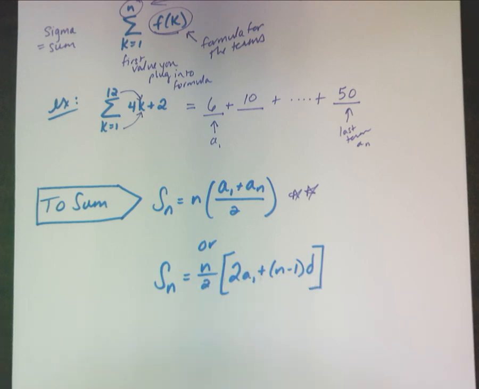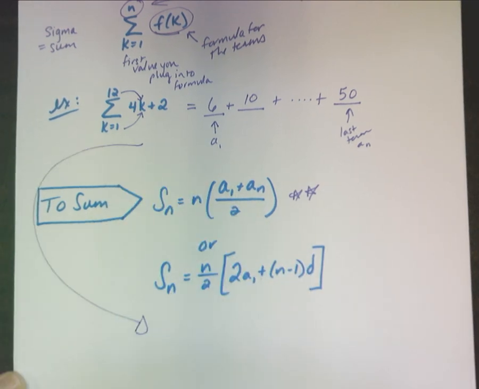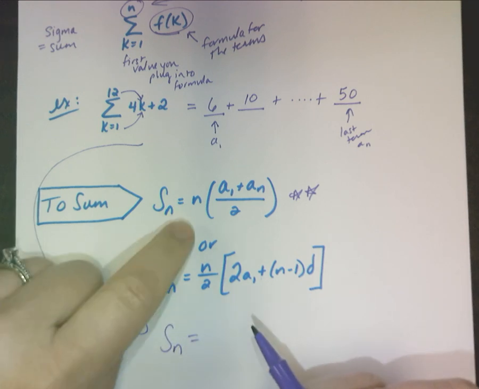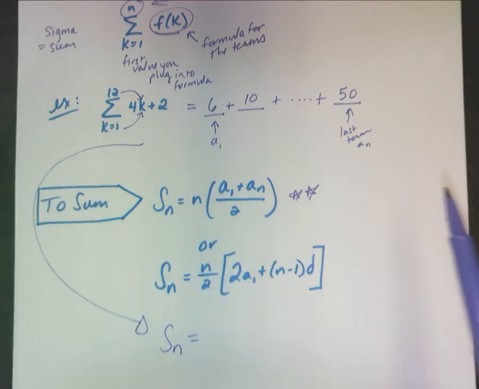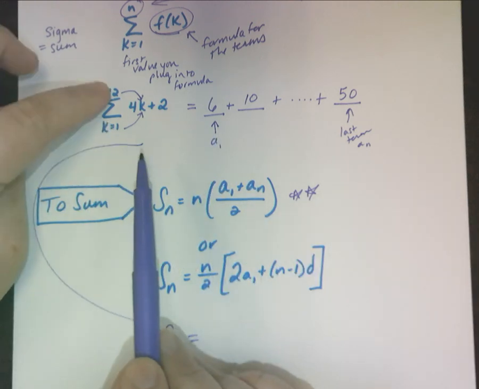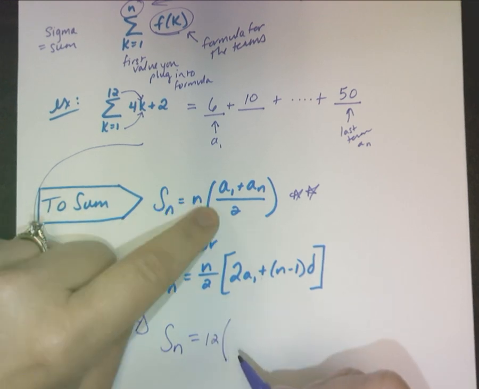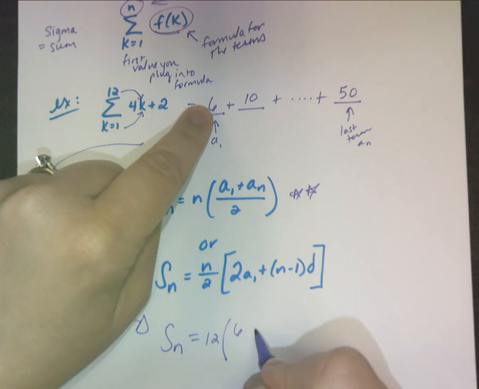So let's just see, for example, what would the sum actually be for the one we just did? S sub n would be n, and in this case, how many things are we adding? Well, 1 through 12 is 12 things. So n is 12 times, and again, I'm using this formula, my a sub 1 is 6, my first position.